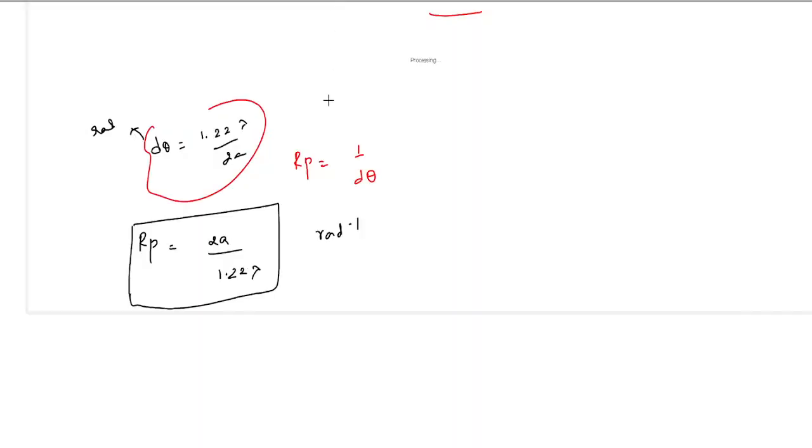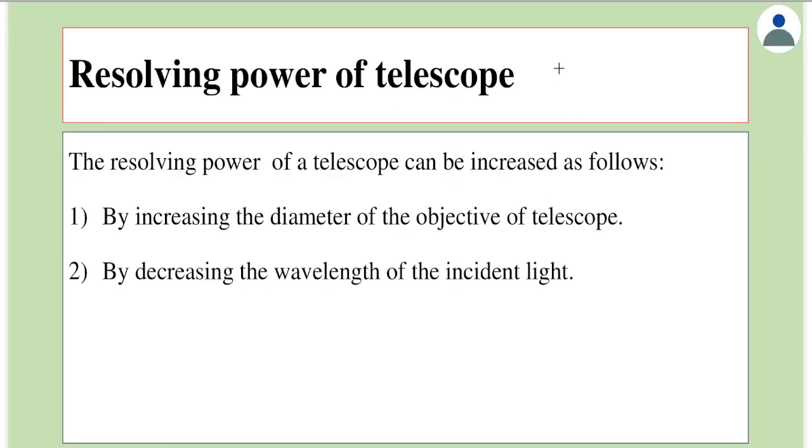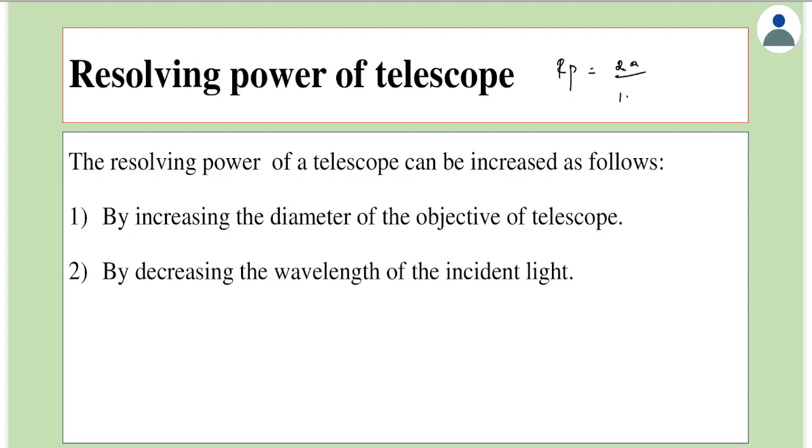Now, if you recall the formula, resolving power was 2a by 1.22 into lambda. From here, we can improve the resolving power by increasing the numerator and by decreasing the wavelength. So we can say the resolving power of a telescope can be increased by increasing the diameter, because 2a is the diameter of the objective of the telescope.